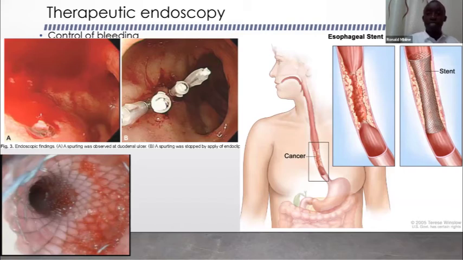So in such instances, like you can see there is a squamous cancer, you can actually launch what's called a stent. A stent is that mesh-like structure you see there, and you put it within the tubular structure, and it prevents the growth from completely occluding that tract.